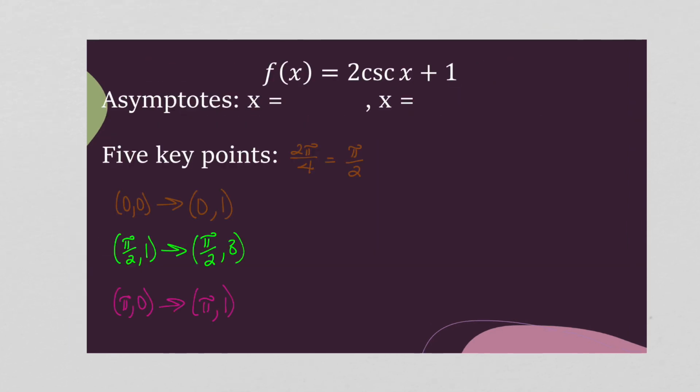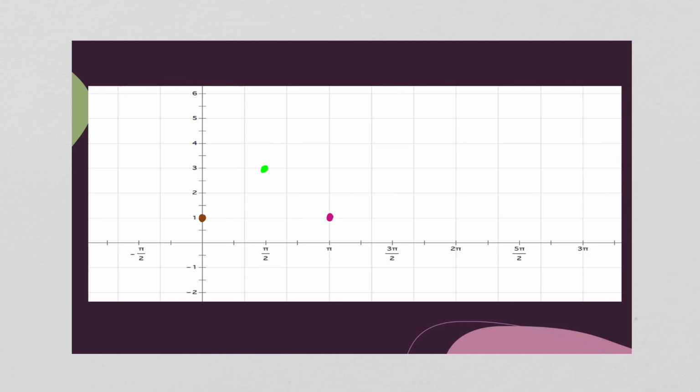And then the fourth point would normally be at 3 pi over 2, negative 1. It's going to be at 3 pi over 2, and we've got to go 2 down. So it'll be at negative 1, actually.